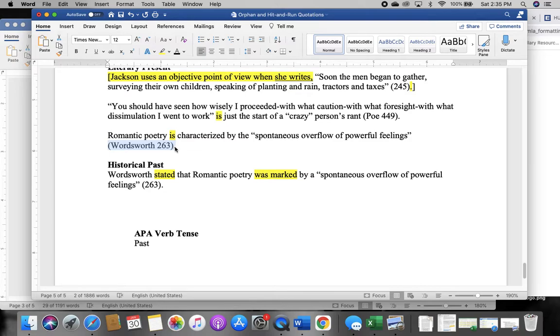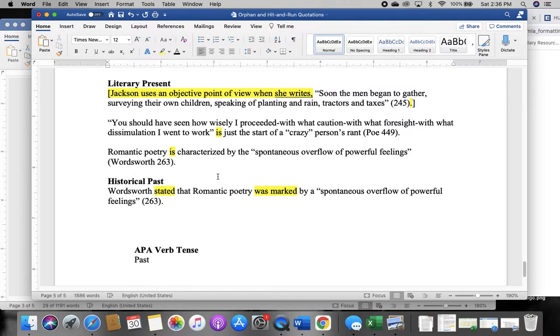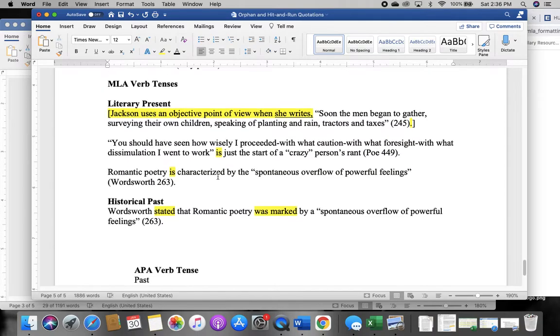So because they did that, they actually changed the verb tense in MLA from historical past to literary present. So that's the difference between the MLA verb tenses.